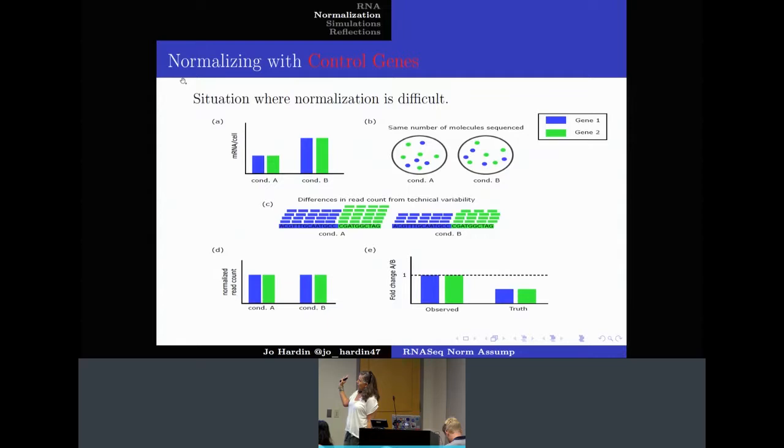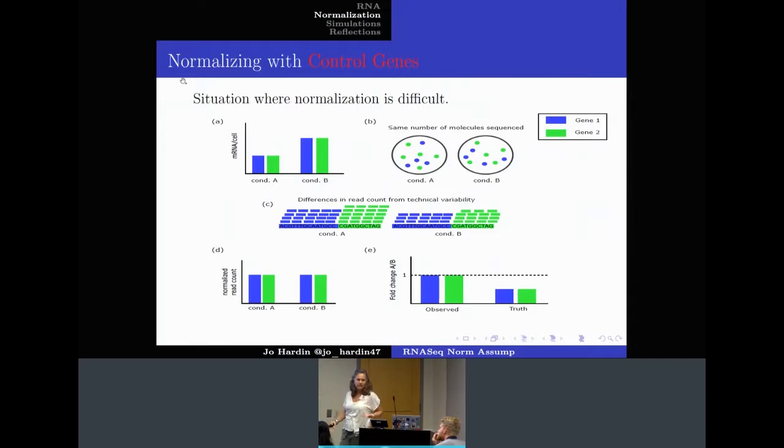The truth in part A is that we see global upregulation. There is more mRNA in condition B. But then we end up sequencing the same number of molecules, and we get this situation where whatever we normalize with, we just can't differentiate these two.